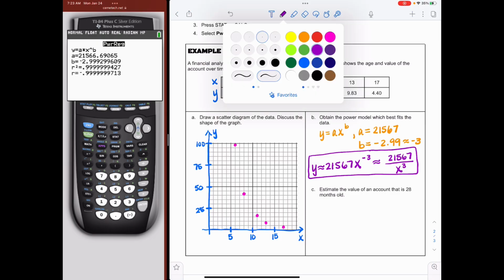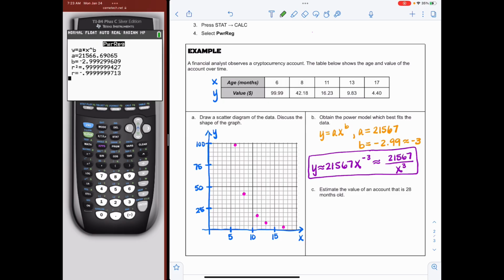So if we already know that the equation is y is approximately 21,567 times x to the power of negative 3, then we just substitute in 28 months because months is the x, so we just plug in 28 there. So that's going to be equal to 21,567 times 28 to the power of negative 3.